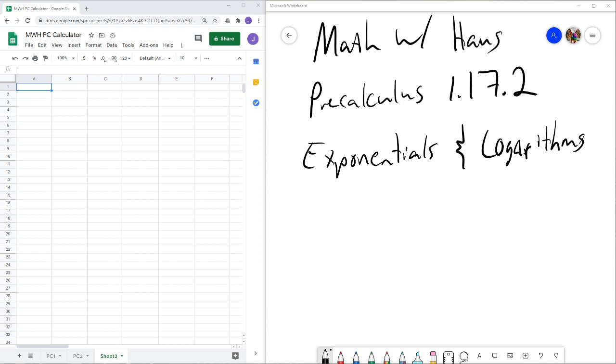So, in Video 1, we looked at implementing some of our topics of exponentials and logarithms into Google Sheets. And in this case, we're going to continue building off of that, and talk about some of our log functions.